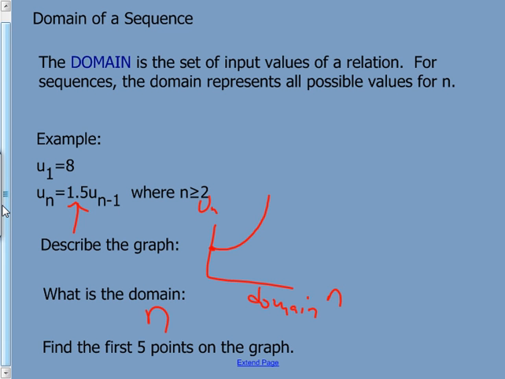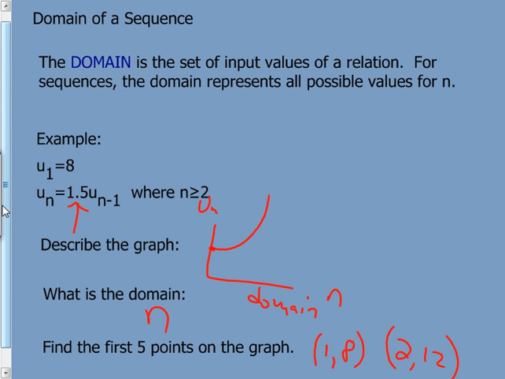Well, I know the first one's 8, and it's 1 comma 8, though. The next point on the graph would be 2 comma, and it goes up by 50%. Can you do that in your head? 12. Very good. That's the first 2 points. The next point would be 3 comma 18, I think. It's so on. In the back corner, yes.